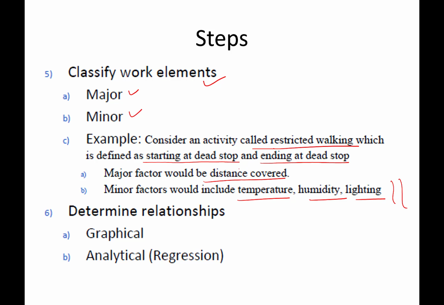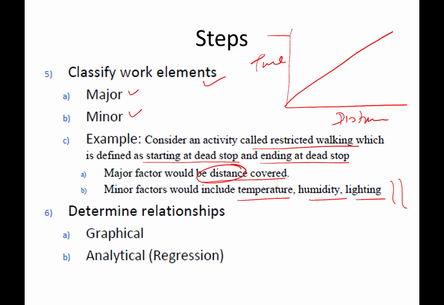So we will pick the distance variable to develop a relationship like this. Here we have the distance and here we have the time, and we can develop a plot like this. For a 10 kg load, this is the plot. For 5 kg, 20 kg, this is the plot, and for another it may be taking longer time.